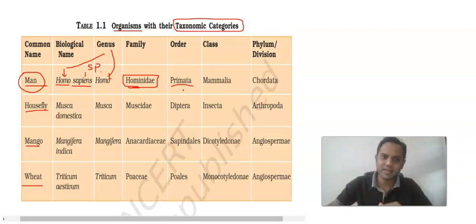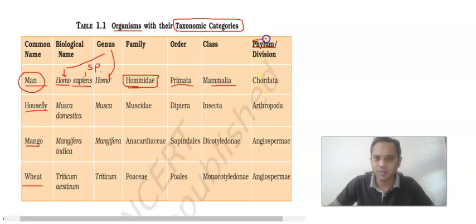Then after that, man belongs to the class Mammalia, that is, mammary glands are present, the diaphragm is present, and there are external hairs present. Here we are not going to learn the characteristics; you just have to memorize all these things, because there is a separate chapter on how we classify organisms, what the different phyla are, and what characteristics different organisms have. Likewise, man belongs to the phylum, because we are animals, or kingdom Animalia.